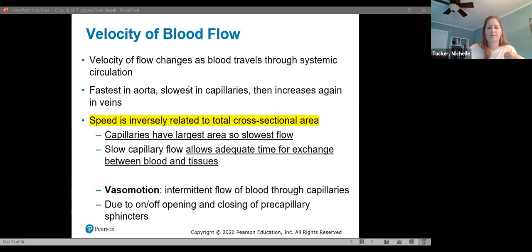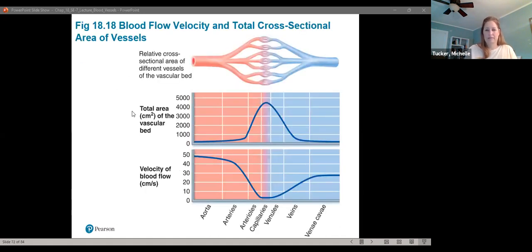Okay, so remember, speed is inversely related to the total area of the vascular bed. So the aorta is about 2.5 centimeters squared. And then when we get up to all of the arteries, I think we get up to about 500. Okay?